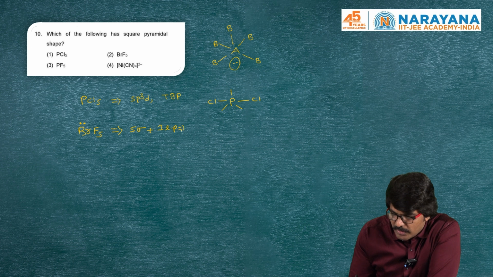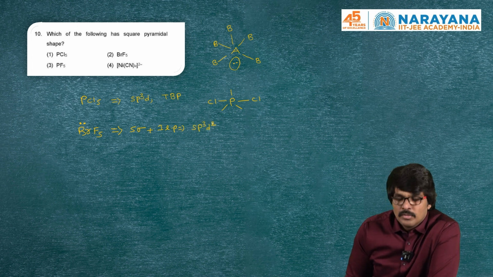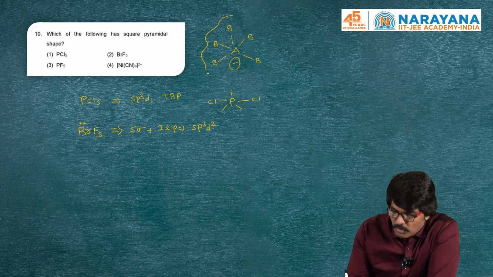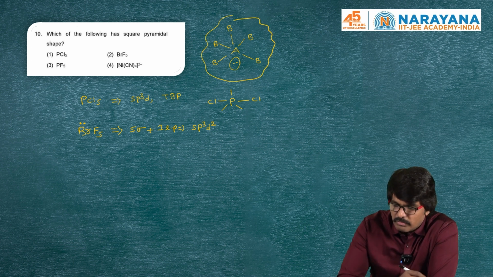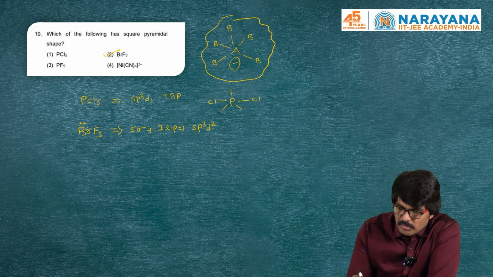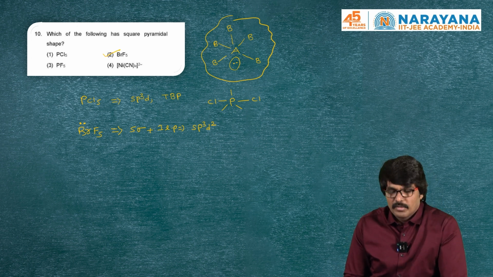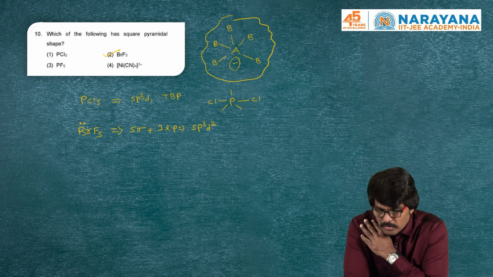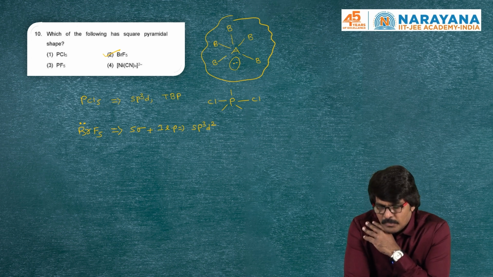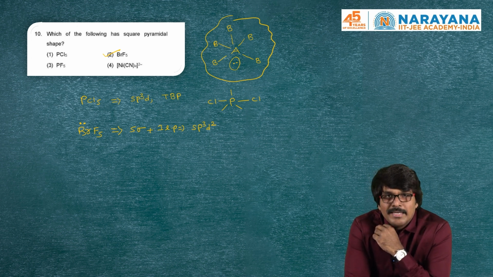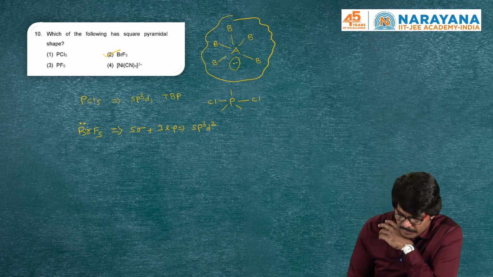So here the hybridization is sp3d2. So this is the required geometry, square pyramidal. So the answer is BrF5. Of course PF5, that is also trigonal bipyramidal. Ni(CN)4 2-, that is square planar.